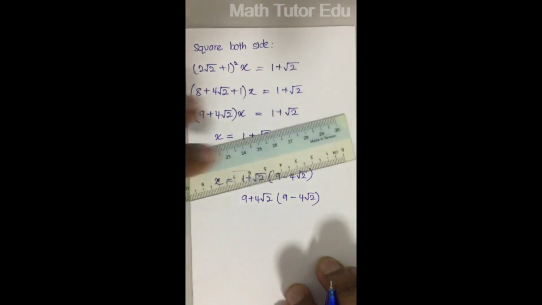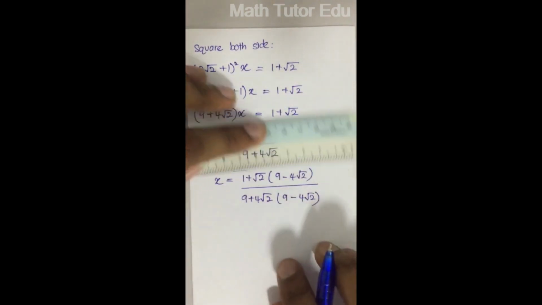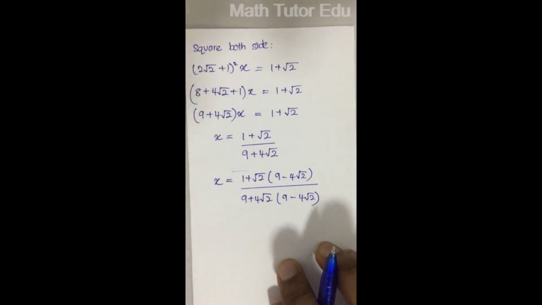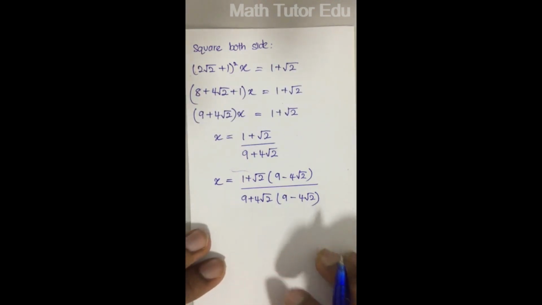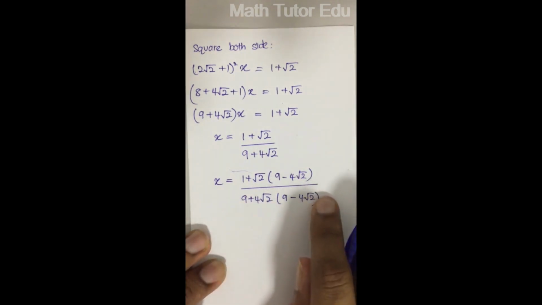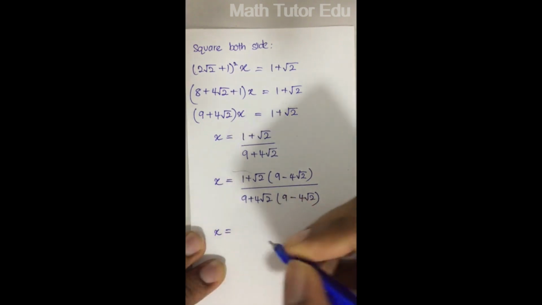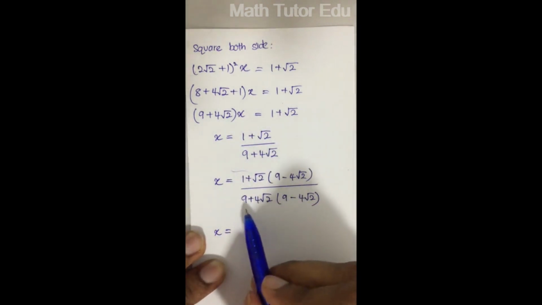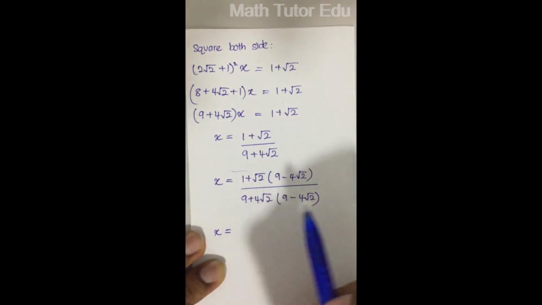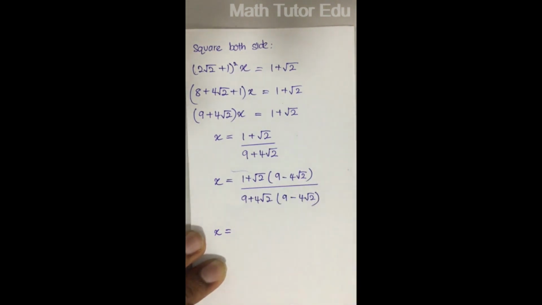Okay, so we are very close. Let us solve the denominator. To solve this, a plus b times a minus b, you get a squared minus b squared. So we just focus to get the a squared minus b squared, guys.